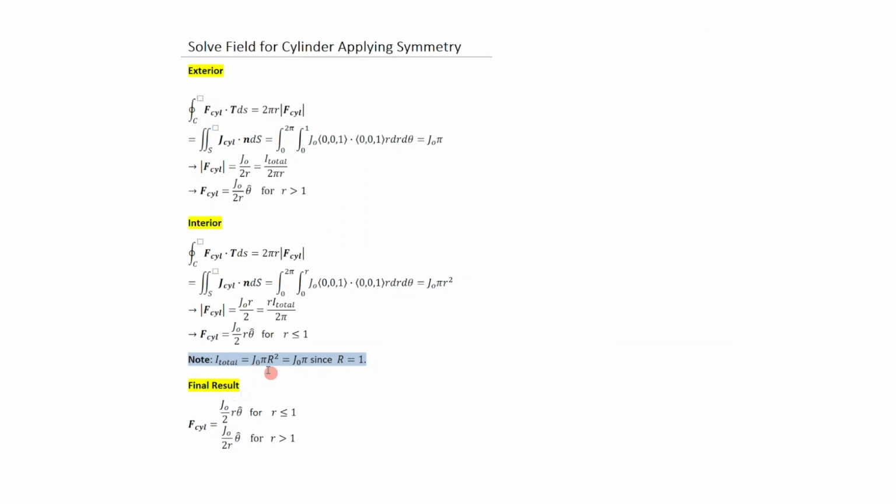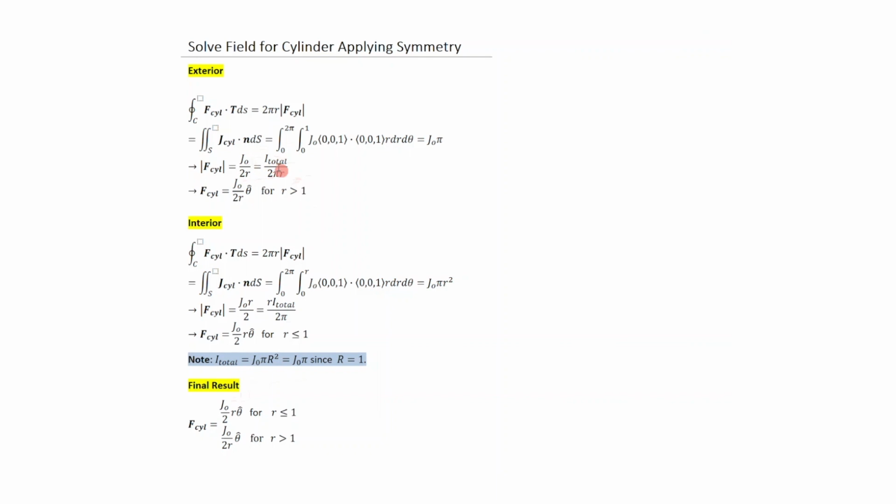In this case, it's a trivial answer. It's just the cross-sectional area times J naught. R is 1 in this example, so this result just becomes J naught pi. If we use I total instead of J naught, then we end up with this answer instead. So it's your choice as to whether you have it in this form or this form.